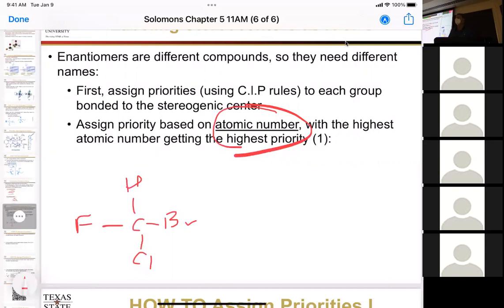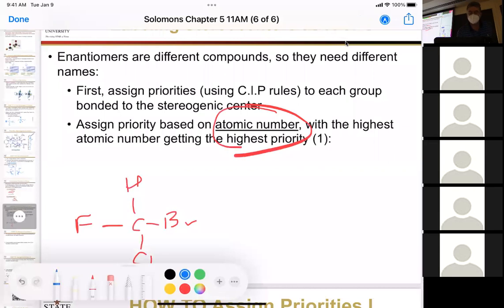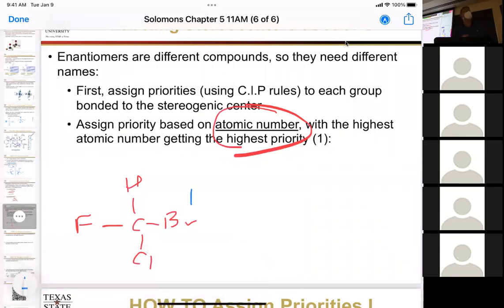The highest priority is the one with the highest atomic number. This bromine is going to be number 1 because it's the furthest down the list. It's number 35. And then we have this one. This is number 17, sorry. And then this is 9. So this is 3. And this is 4. So we've assigned our priorities based on atomic number.